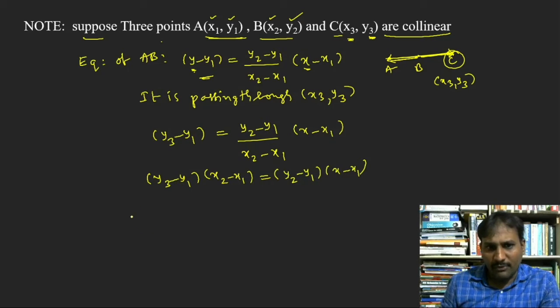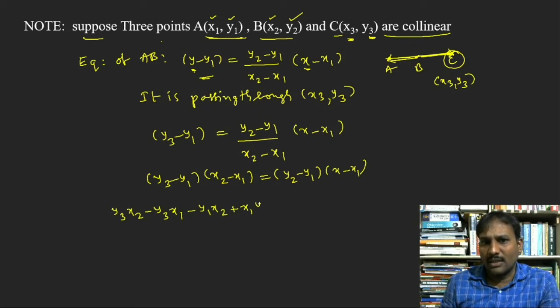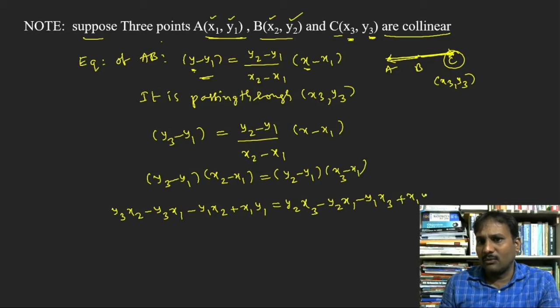So if you simplify, this will become y3 into x2 minus y3 into x1 minus y1 into x2 plus x1 y1 is equal to y2 into x, and in place of x we have to write x3. So y2 into x3 minus y2 x1 minus y1 x3 plus x1 y1.